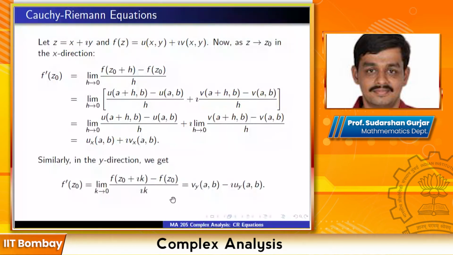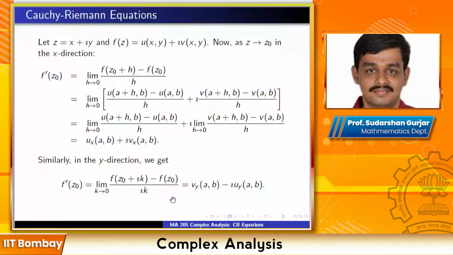Now exactly in the same way, the same argument shows that if we take the limit in the y direction, we get f prime of z0 equal to the limit of (f(z0 plus i times k) minus f(z0)) upon i times k, as k tends to 0. So this is the limit as z tends to z0 in the vertical direction.